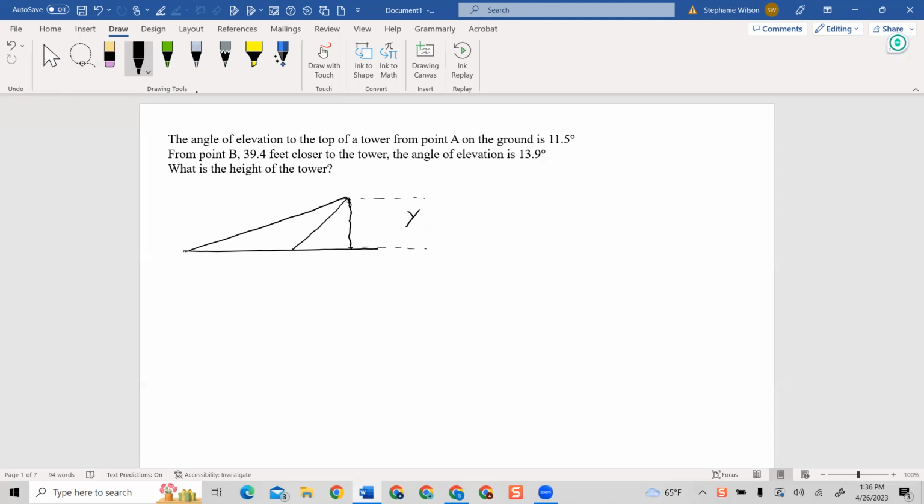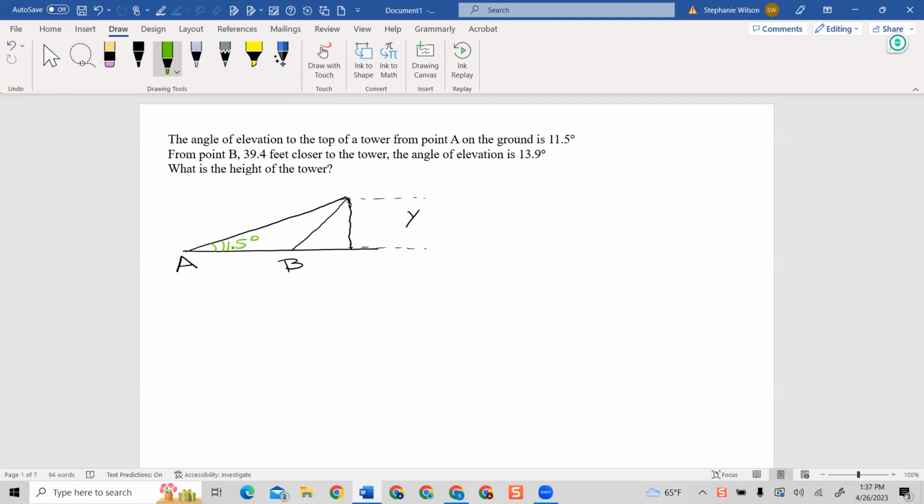All right, now let's label. I'm going to change the coloring up a little bit. This is big A, this is big B. Now we have this angle right here, and it's 11.5 degrees.